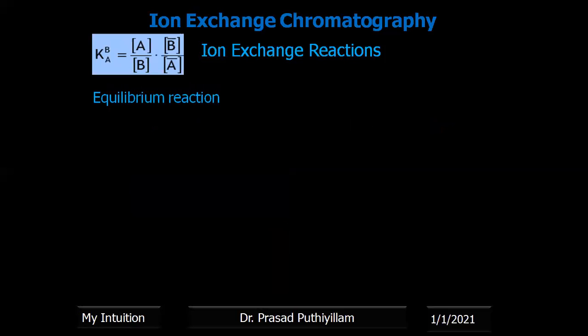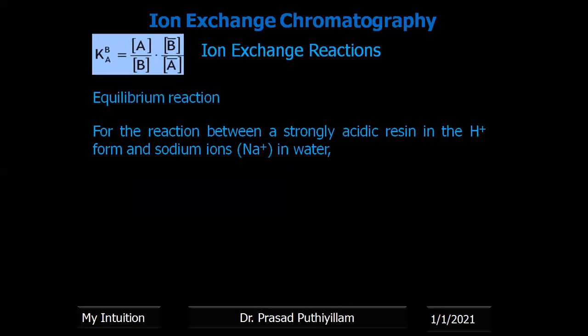So most of the current reactions with strongly acidic cases, that is the H+ form, are used for the replacement of Na+, or the purification or separation of Na+. The reaction can be written as RH plus Na+ gives RNa plus H+.